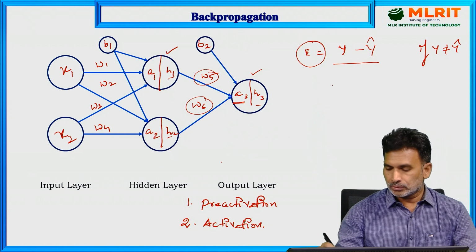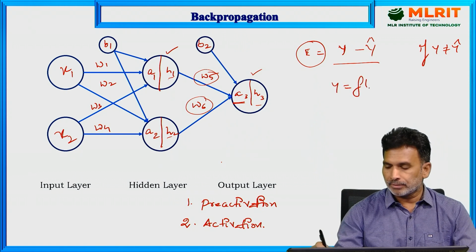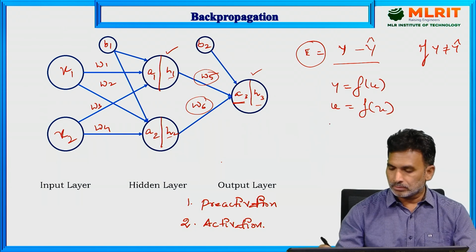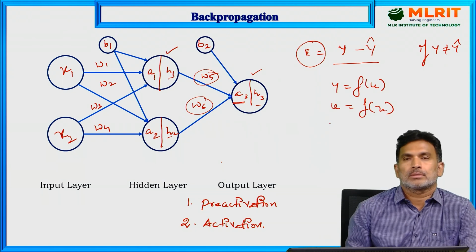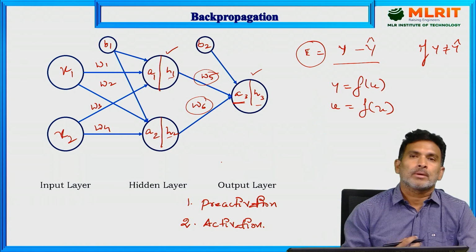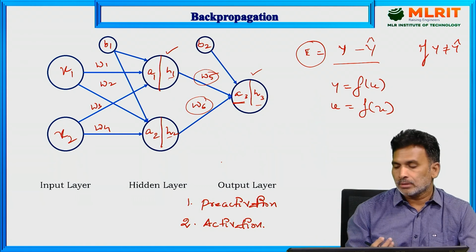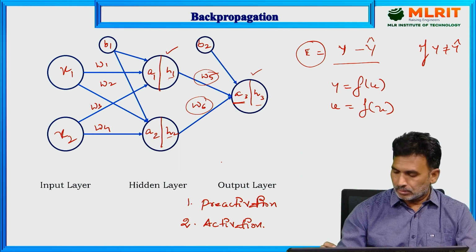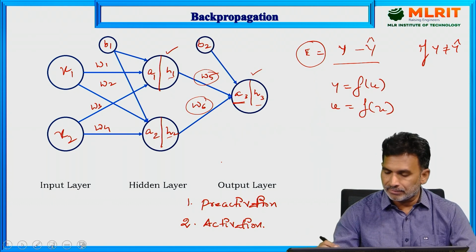Suppose y is equal to f of u and u is equal to f of x. Then the derivative, the rate of change of the function y with respect to x, would be calculated by finding the derivatives.